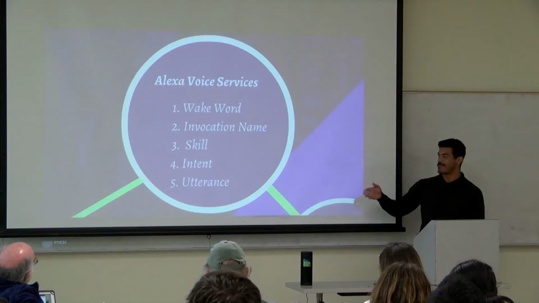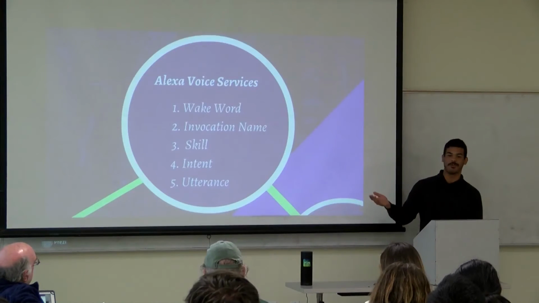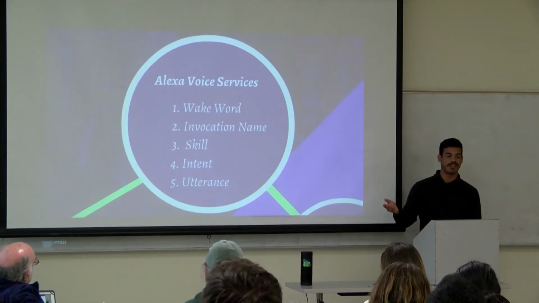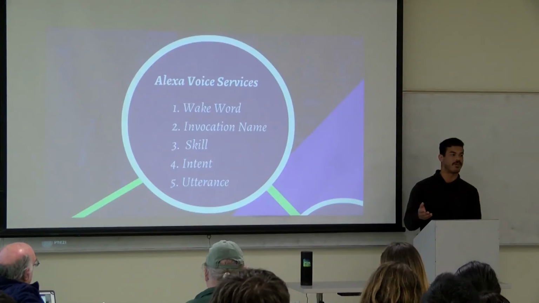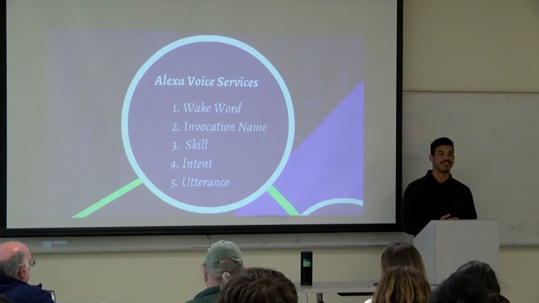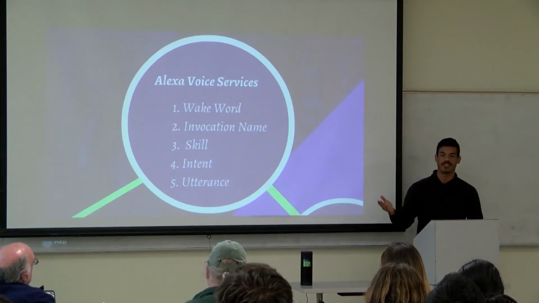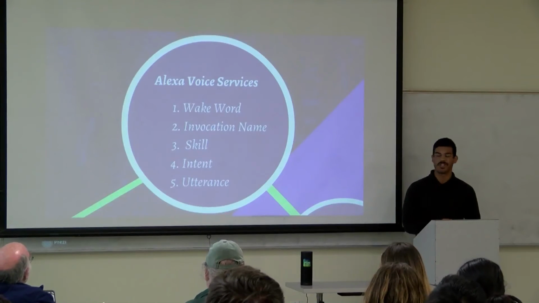From the intent, we map to an utterance, and the user asks what they want, and we have a bunch of variations of how to ask. If you wanted to say, what is the weather, or how is the weather, we created all these variations so that we can get the information that the user wants.